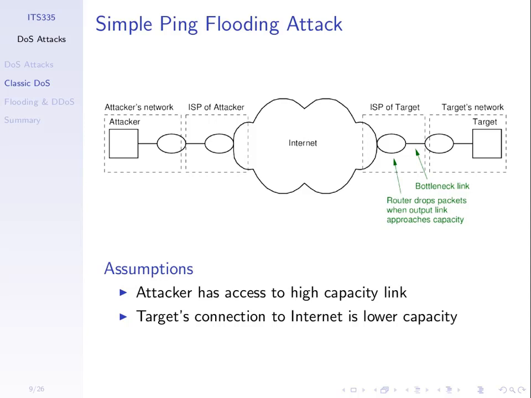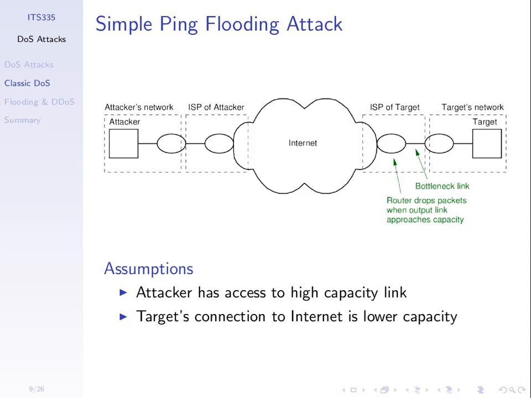And normal users out on the internet that are trying to access the target web server cannot access. They're denied service. That's the idea here. How that is achieved is by the attacker sending enough packets such that the input to this router approaches the capacity of the link.